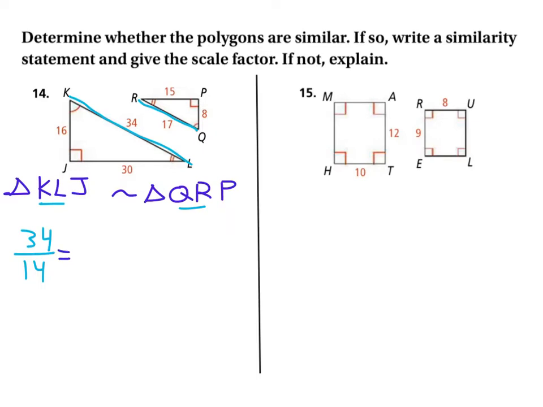Okay? And that is equal to, now let's do the second and third vertex, L to J and R to P. And what is L to J? L to J is 30, R to P is 15. So we say 30 over 15.